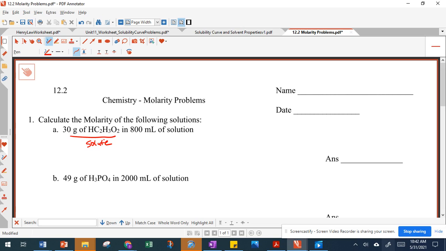So we have to get this 30 grams into moles using our molar mass. Again, we're going from grams to moles. Remember, when we're going from grams to moles, we're going to be dividing. When we're going towards moles, we're dividing. When we're going away from moles, we're multiplying.